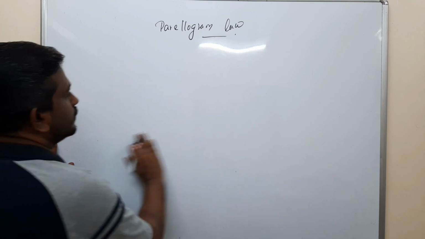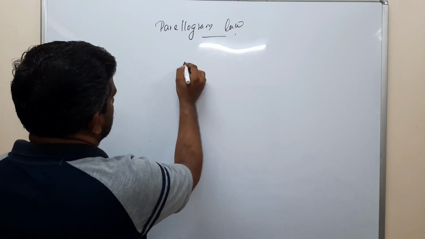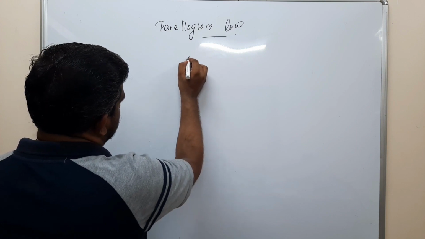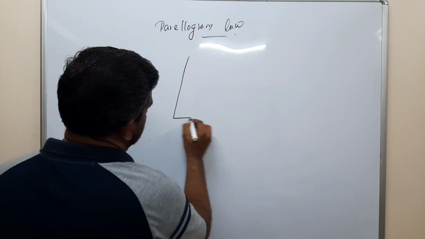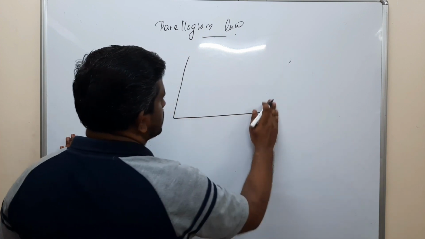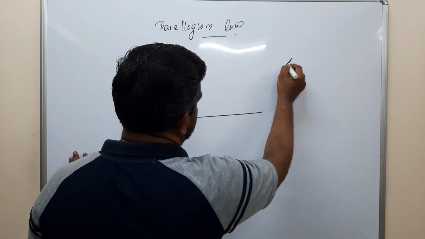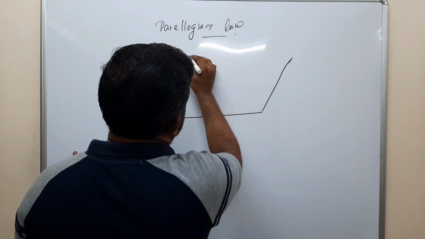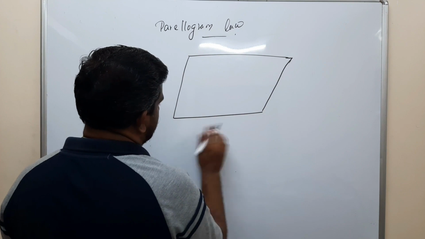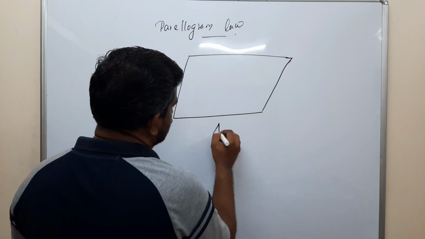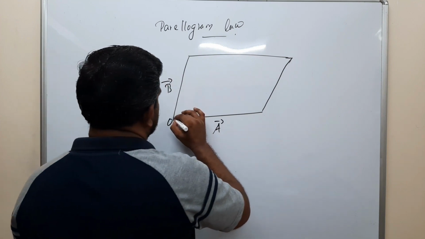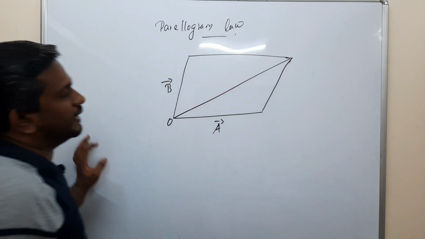So this is a parallelogram. This is A vector, two adjacent sides of a parallelogram. This is the diagonal of the parallelogram.